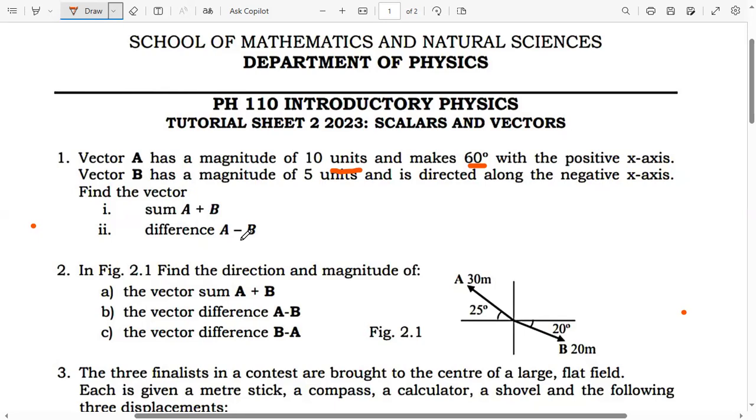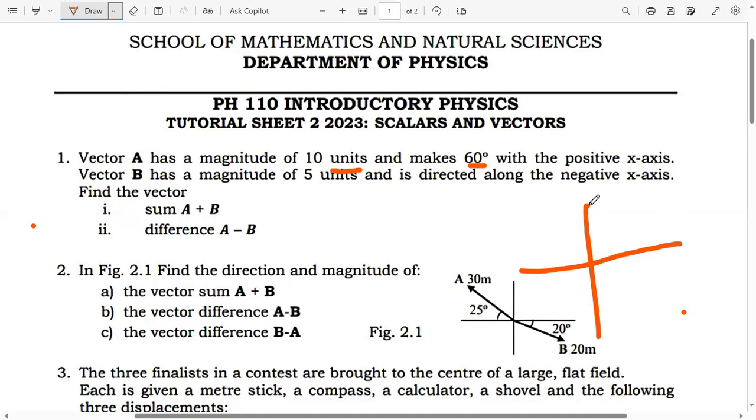So there we are just simply finding the resultant vector. So how do we find the resultant vector? We have to resolve whatever we've been given here into their components. So if I have my x-y plane here, I'll have the first vector, which is 10 units, and it makes 60 degrees with the positive x-axis. The positive x-axis is this one here, and the negative x-axis is this one.